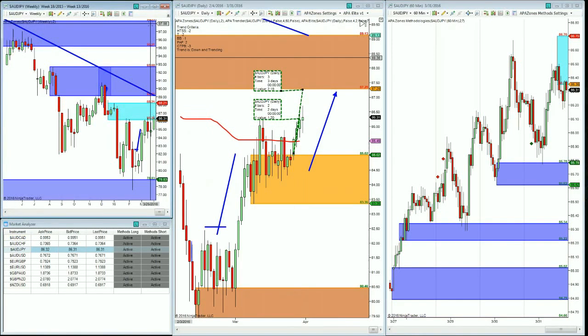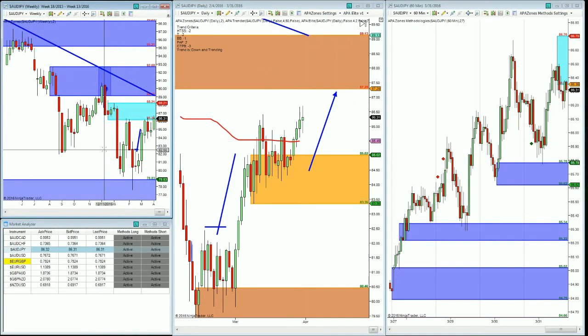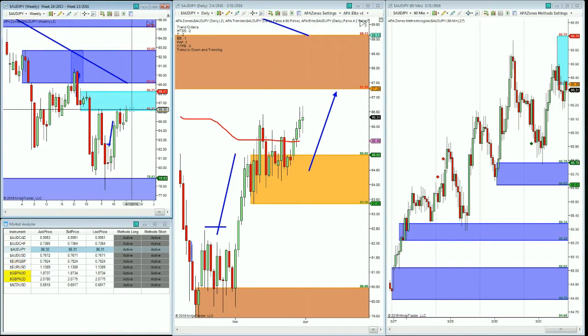Now, technically, I still see the trend as being down, so I just want to wait and see until everything flips over before really going to the long side. I still think that we could get some downwards push out of this big weekly level, okay?